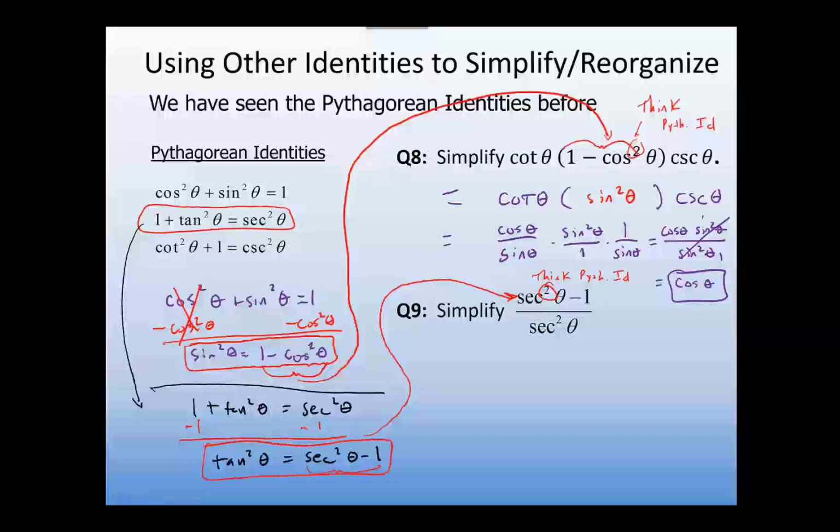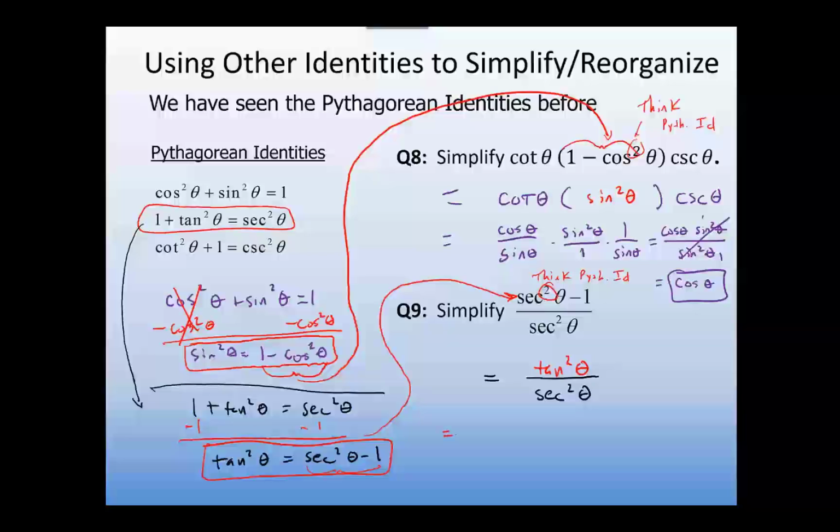To simplify number 9, I still have secant squared theta on the bottom, but on the top, I'm going to replace that with tangent squared theta. That came right from the Pythagorean identity.